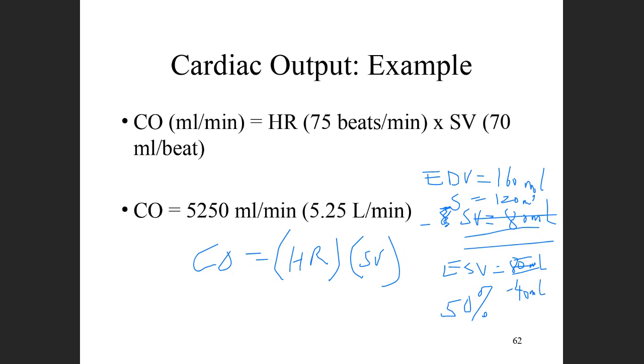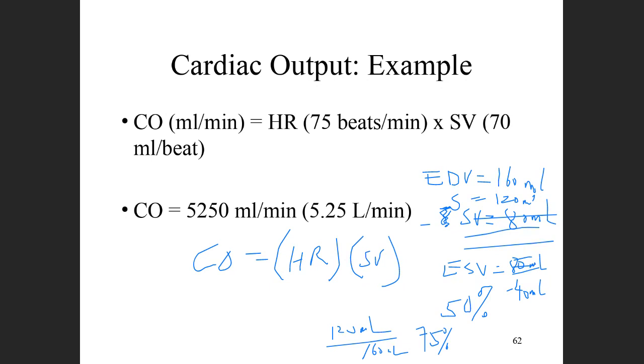You can see that 120 ml over 160 ml, what is that efficiency? 120 divided by 160 is about 75%. Some athletes can go up to 80%, so that per contraction, more blood leaves than you and I.